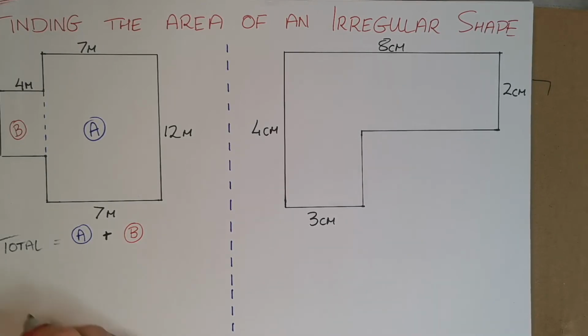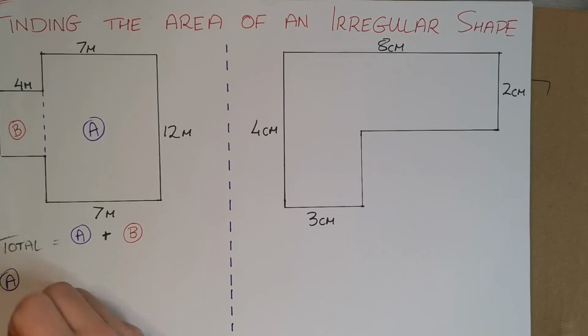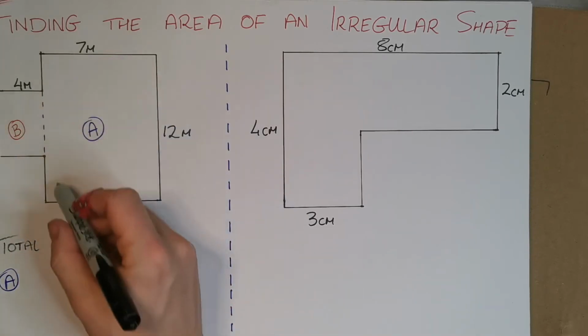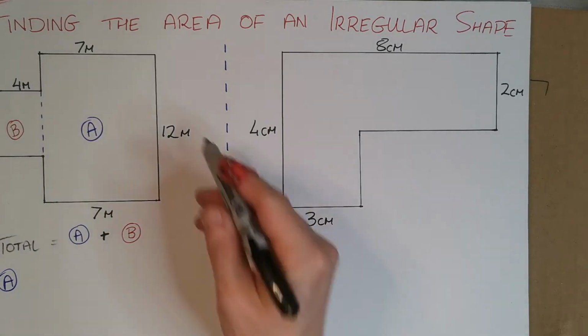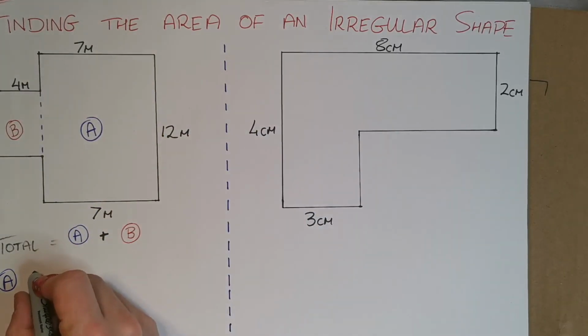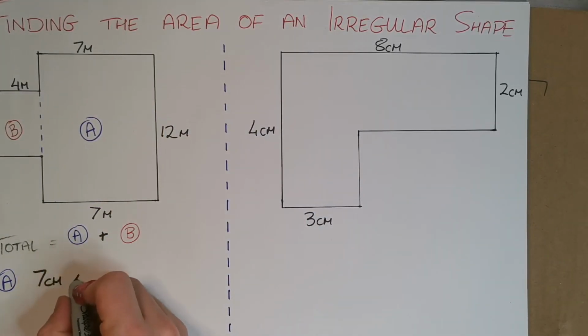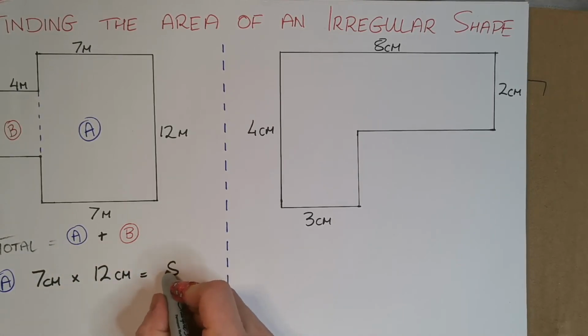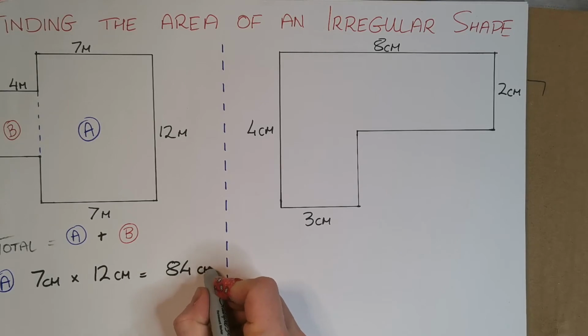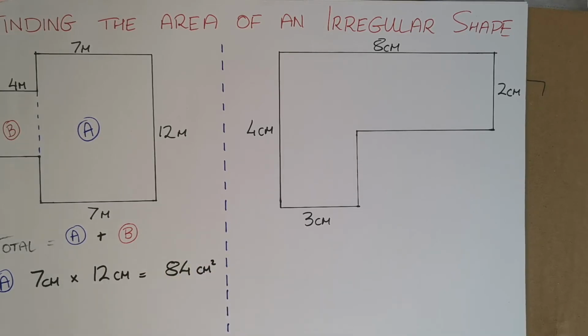So what's area A going to be? Well, area A is this rectangle here, which has a width of 7 and a length here of 12. So that's going to be 7 centimeters by 12 centimeters, which is 84. And let's not forget our units here, centimeters squared.